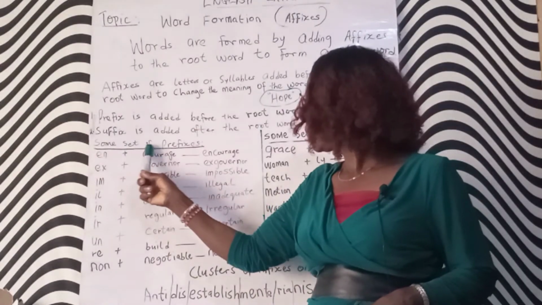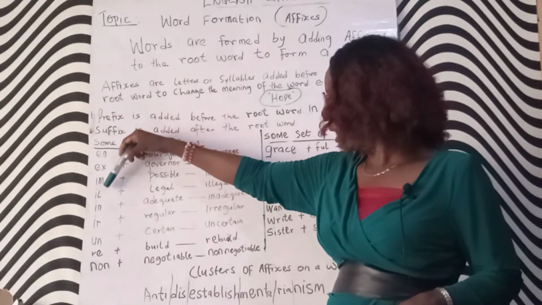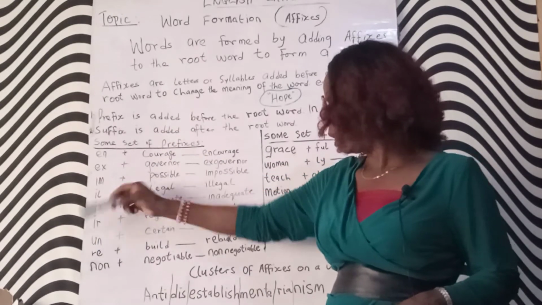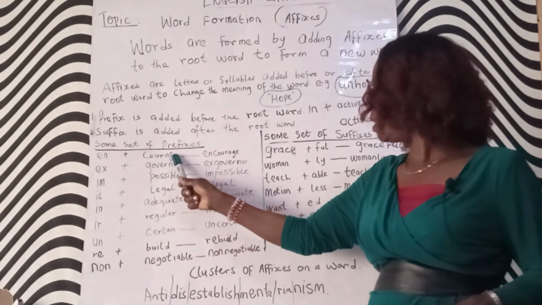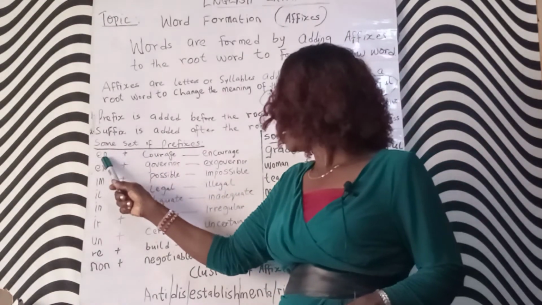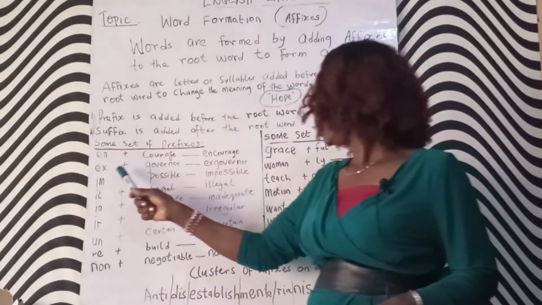So here are some set of prefixes. We have en, ex, im, il, in, un, re, non. As in, the root word here is courage. And then when you add en as a prefix, you have encourage.